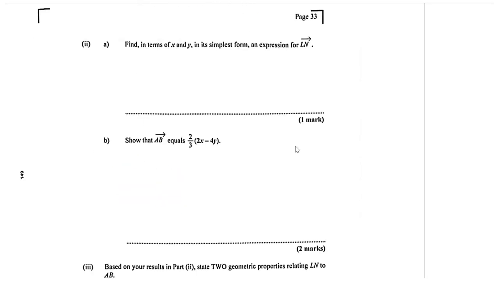Now, 2a says, find in terms of x and y in its simplest form an expression for vector LN.